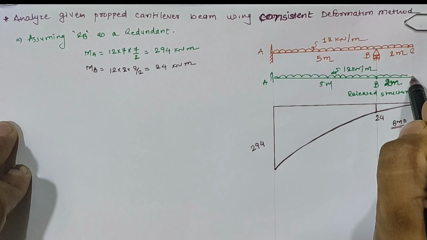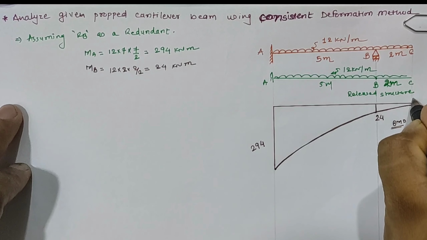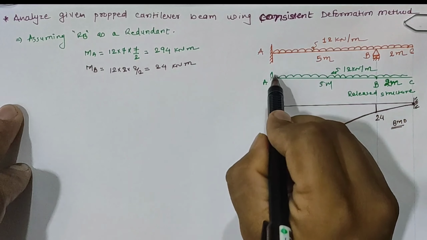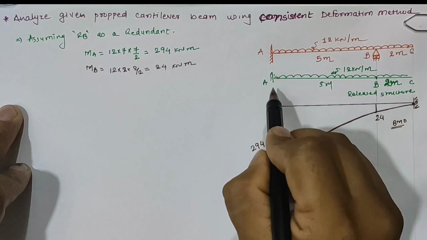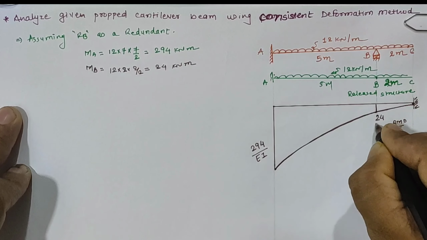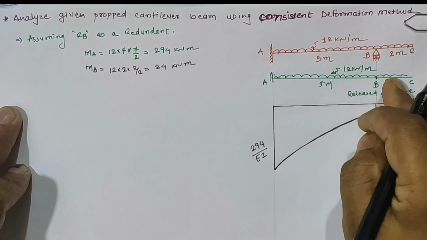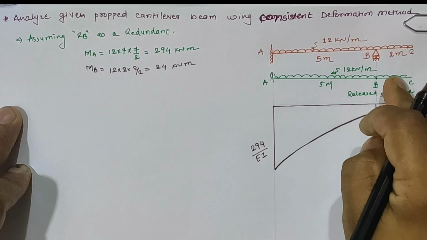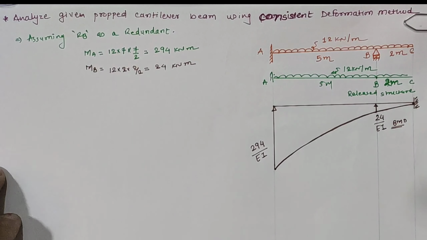Hence support C, which is free, is converted into a fixed support, and the fixed support at location A becomes free in the conjugate beam. The M over EI, that means the M by EI diagram of the released structure, is treated as a loading on the conjugate beam.